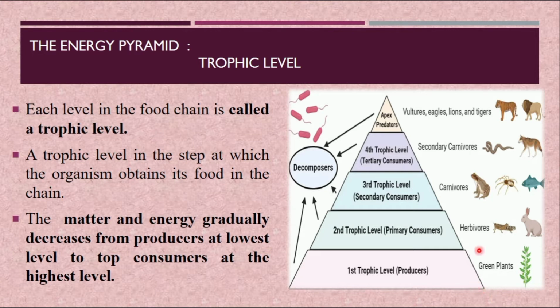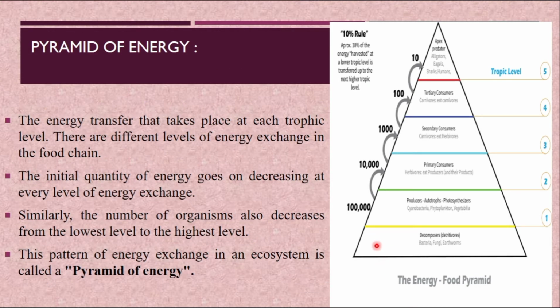That is a rate of energy flow from producer to top consumer. म्हणजे जी एनर्जी, रेट ऑफ एनर्जी फ्लो म्हणजे ही जी एनर्जी आहे ही कशी फ्लो होती आहे? प्रोड्युसर्समध्ये नेहमी जास्त प्रमाणामध्ये एनर्जी असते as compared to the trophic level towards the apex predator. Means that is the energy flow from producer to top consumer, the pyramid which is always upright one.